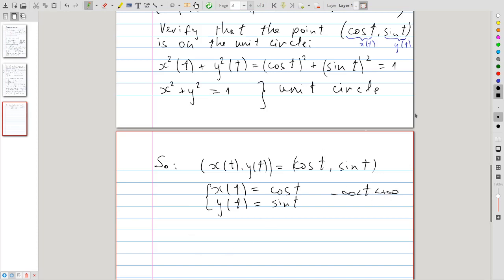So any such point lies on the unit circle. So this is the parametric equation of the unit circle.